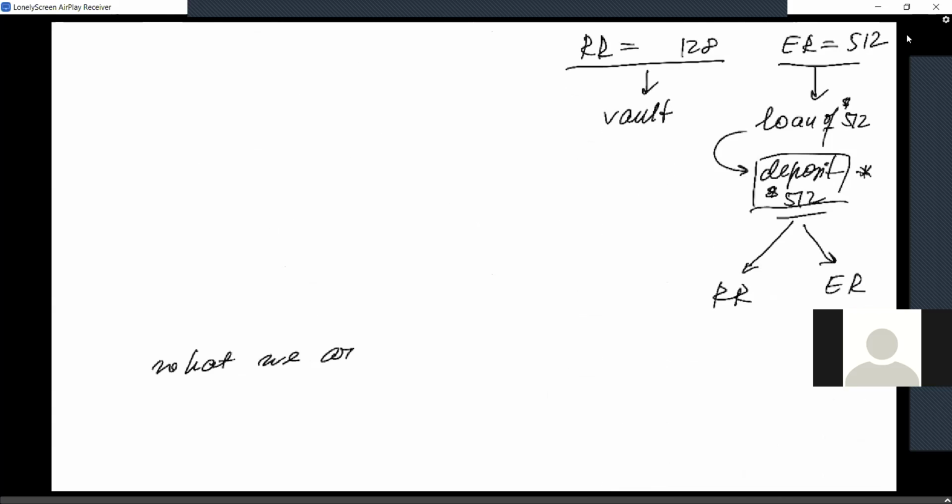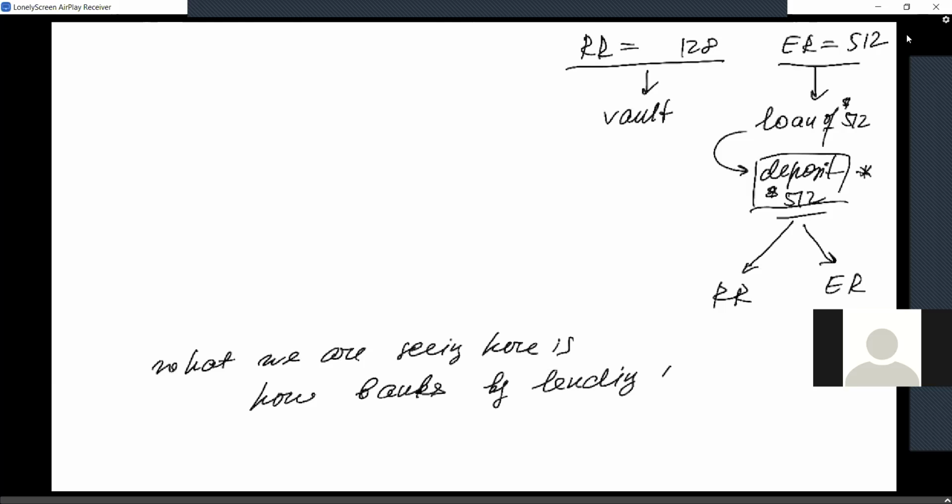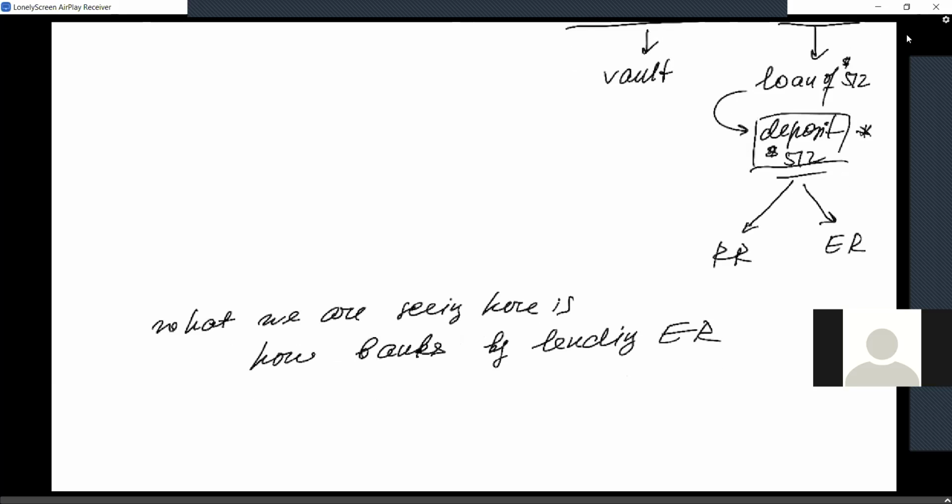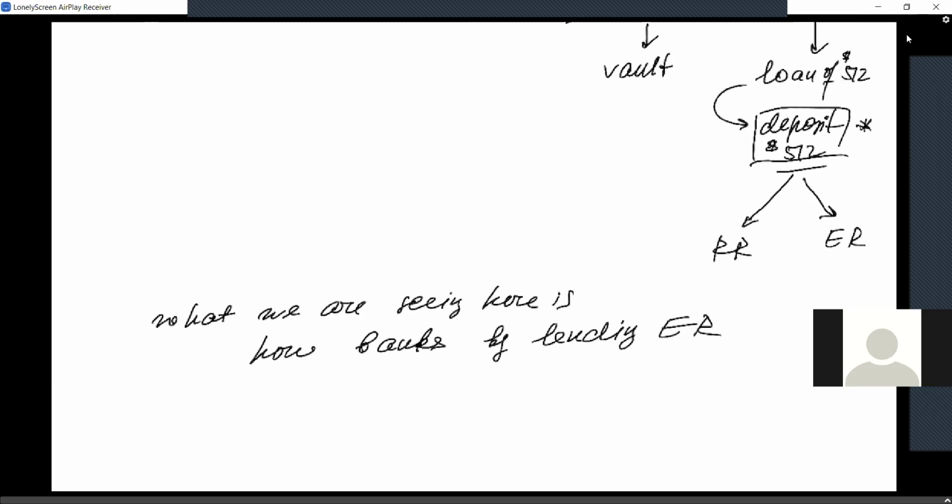What we are seeing here is how banks, by lending excess reserves, right? Because it's the excess reserve part of the deposit that's being lent out.